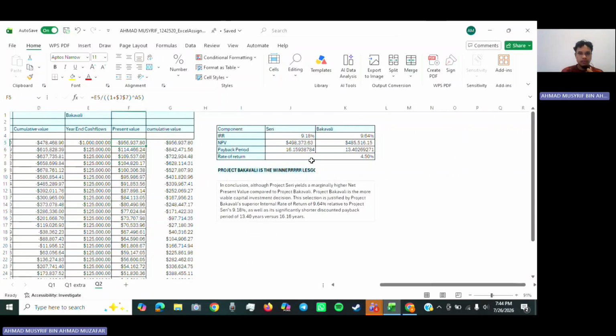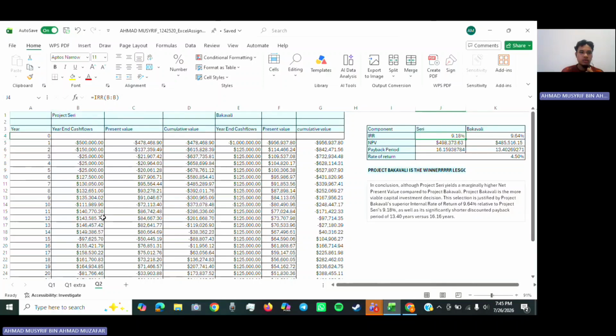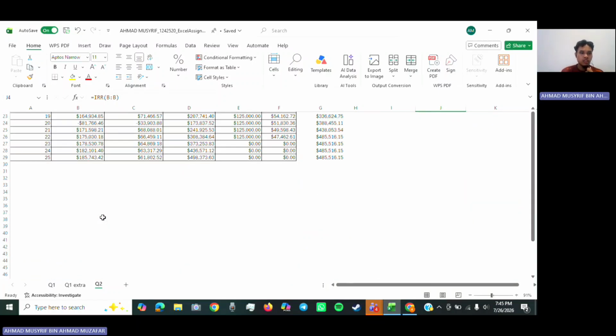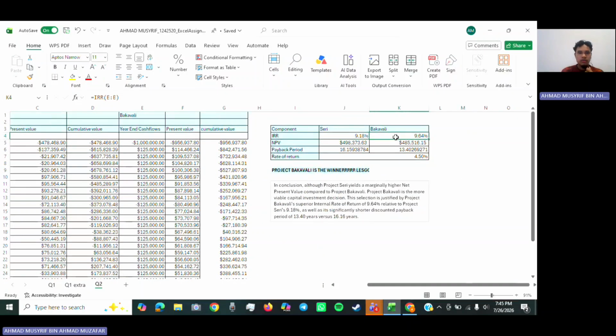Then to find the IRR and NPV for both projects, we use the formula IRR, and I just use the whole column because I do not put anything below this value. The same goes for Bakavali, just use IRR and the whole column, and we get this value.